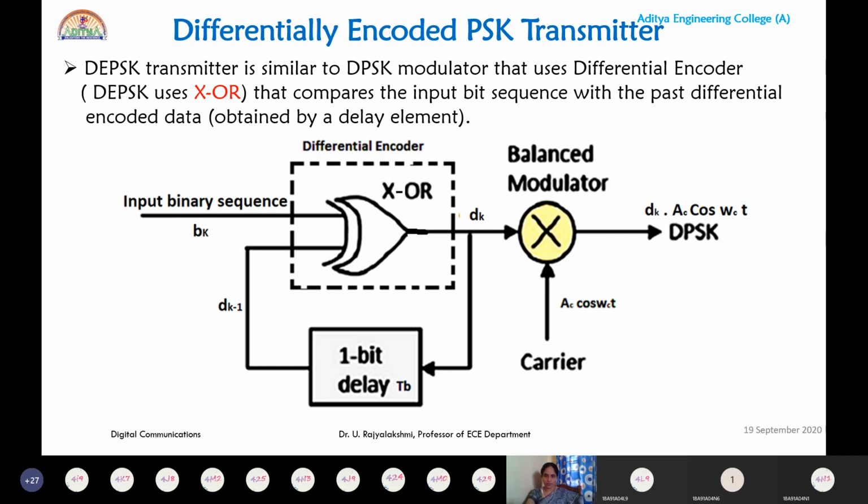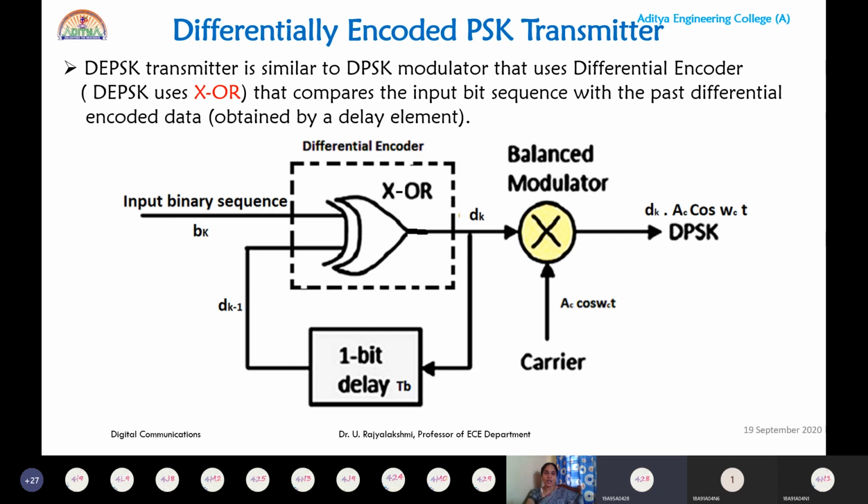When inputs are different, the output is 1, madam. What are the inputs? If BK is not equal to DK minus 1, what is the output? DK is 1. Very good. When BK is equal to DK minus 1? 0.